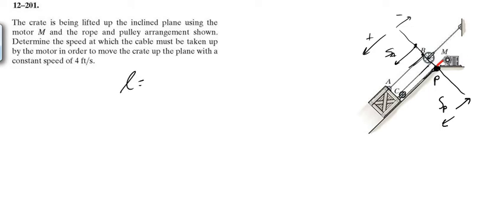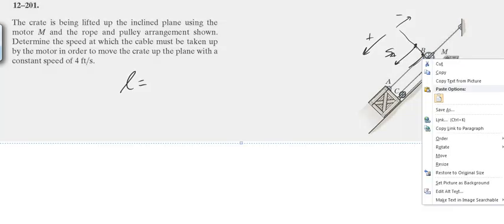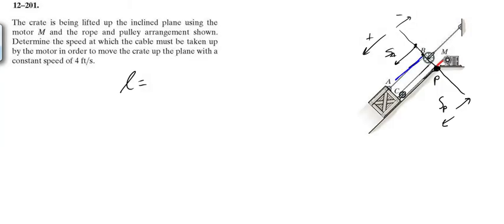And so now the total length of the rope is going to be this section, which is SA. Then we have this section here, which is another SA, and this section here, which is another SA. So we have three SA: SA plus SA plus SA.